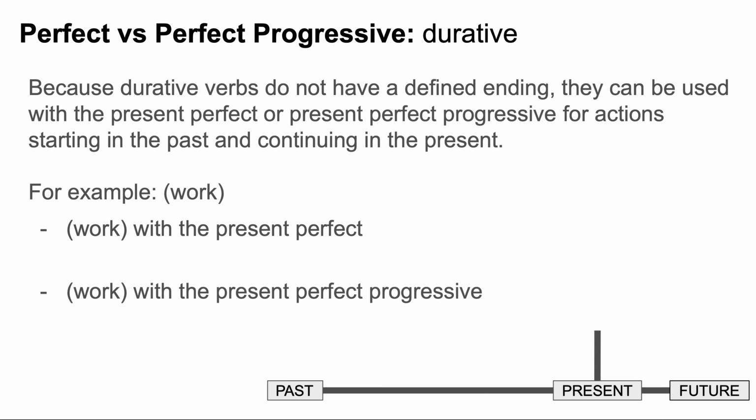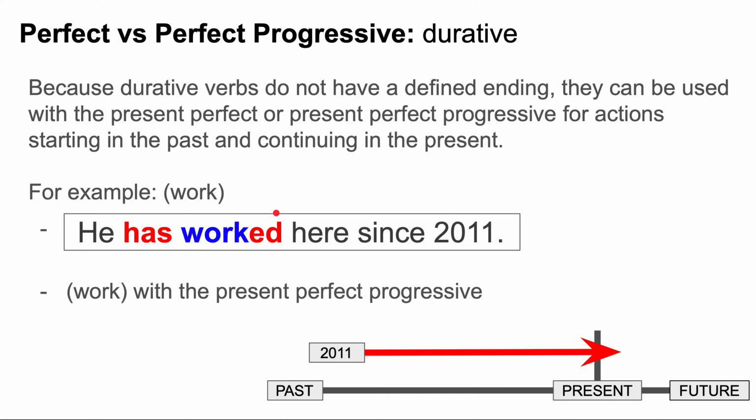Because durative verbs do not have a defined ending, they can be used with the present perfect or present perfect progressive for actions starting in the past, such as in 2011, and continuing into the present. Let's look at an example with work. In the present perfect, he has worked here since 2011.